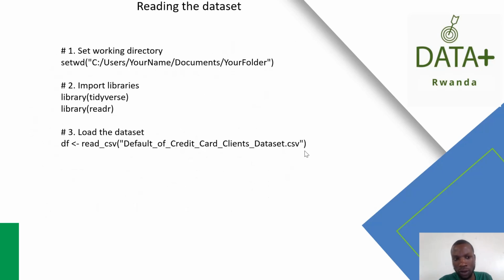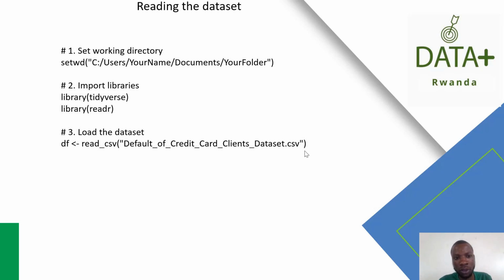This contains the variables, and then for us, we are reading the data set. As we have seen in the previous video, especially for importing the data set, we have to set the working directory where the data is or where we want to save our results.